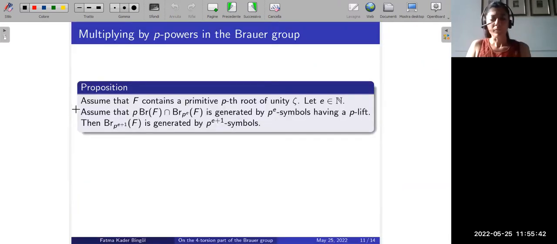Assume that F contains a primitive p-th root of unity, zeta, and let e be an integer. Assume that the p to the power e torsion part of the Brauer group of F is generated by p to the power e symbols that have a lift. Then the p to the power e plus 1 torsion part is generated by p to the power e plus 1 symbols.